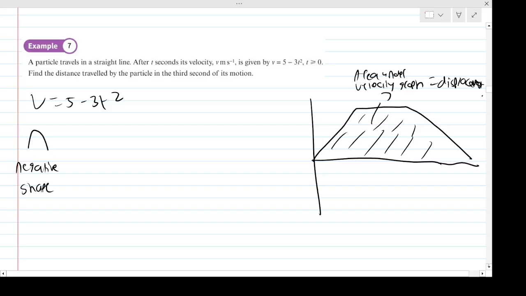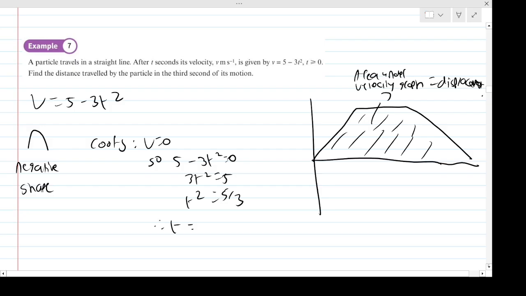And then if we find our roots, that's going to be setting v to 0. So then we get the equation 5 - 3t² = 0. Therefore 3t² = 5. So t² = 5/3. Therefore if I root both sides, I get t to be plus or minus 1.29.